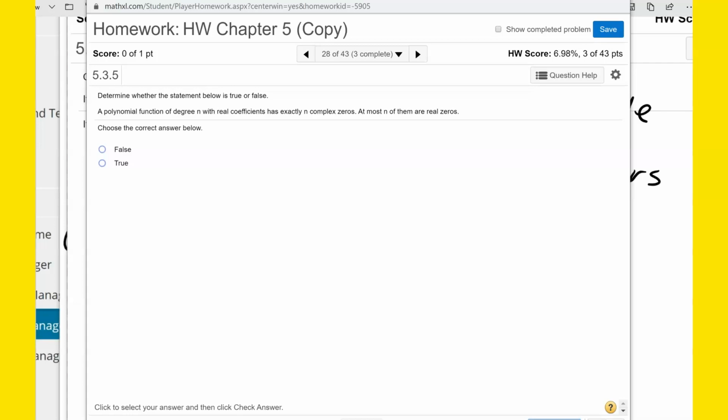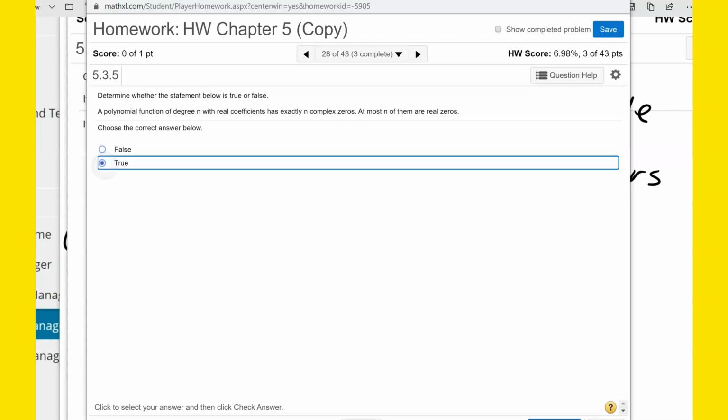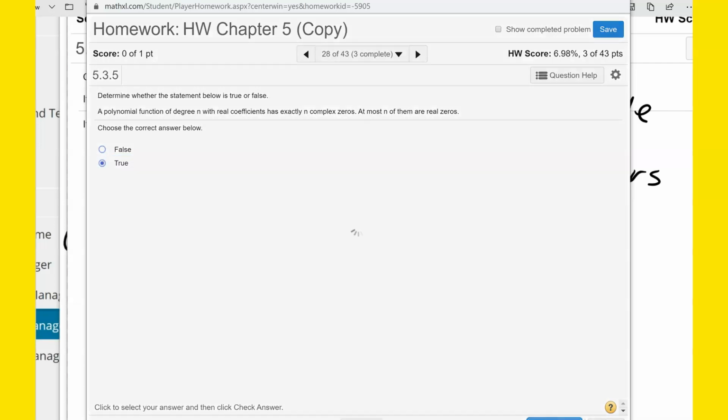So if it was a 5th degree, you'd have 5 total solutions. Some of them may be real and some of them may be imaginary, but altogether it would add up to 5 total zeros. So this is true. And we're going to go ahead and put that in and say yes and go to the next one.